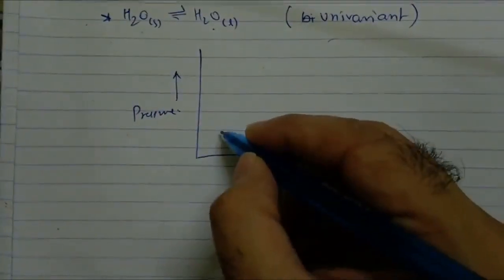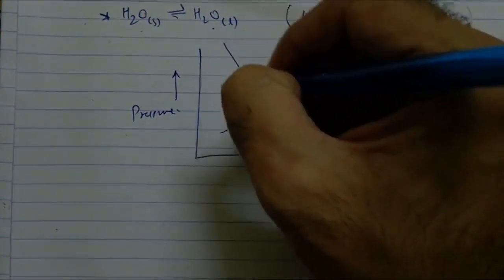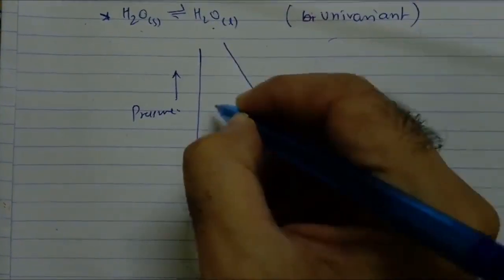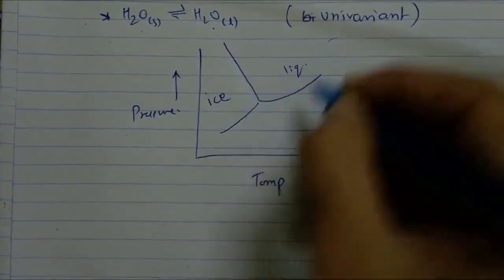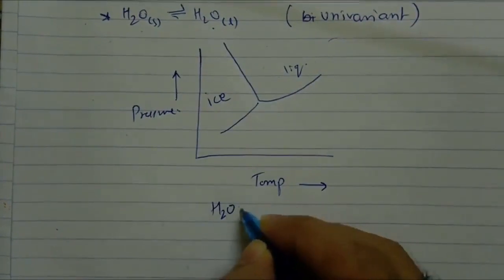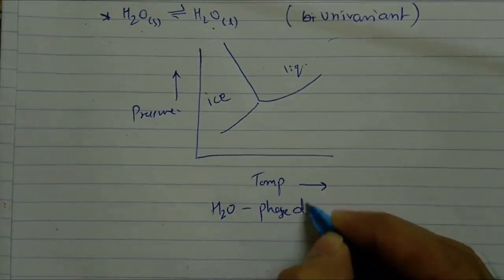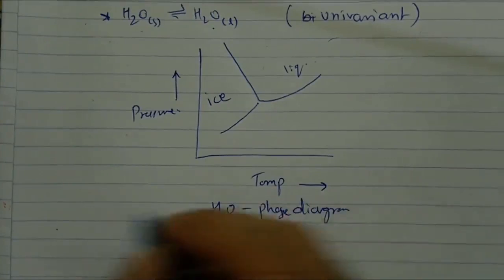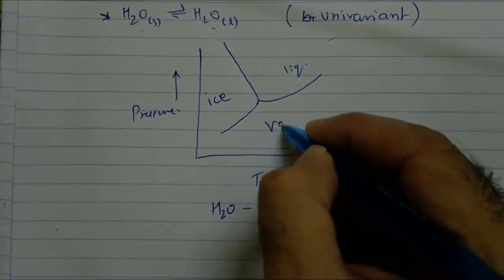Roughly your water graph will look somewhat like this. Here you have solid, that is ice. Here liquid form. This is the phase diagram for water. Again I am telling you, it is a very rough graph. And here you have vapor.